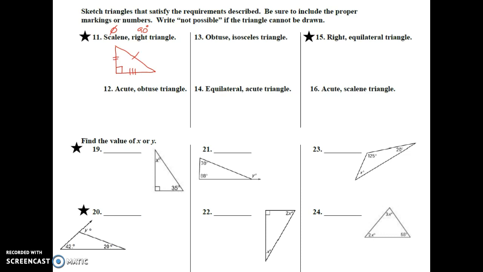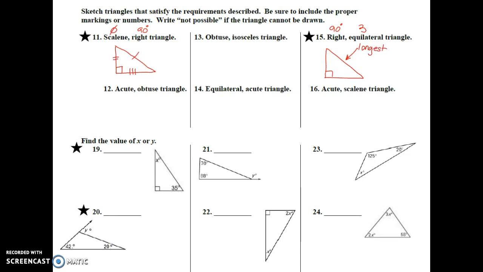If we look at question 15, it asks for a right equilateral triangle. And I know that a right triangle has a 90-degree angle, and I know an equilateral triangle has 3 equal sides. So you need to think to yourself, is it possible to draw a 90-degree angle with 3 equal sides? And one thing we know is if we have a right angle, this side right here must be the longest, opposite the 90 degrees, longest in the triangle.